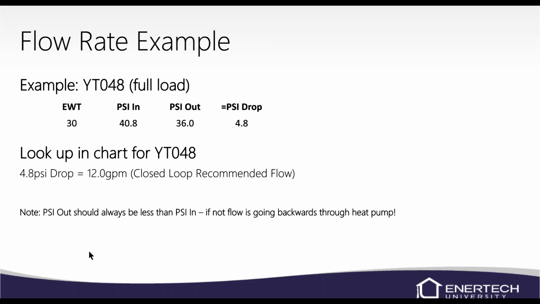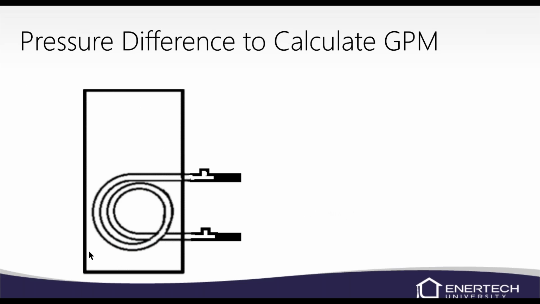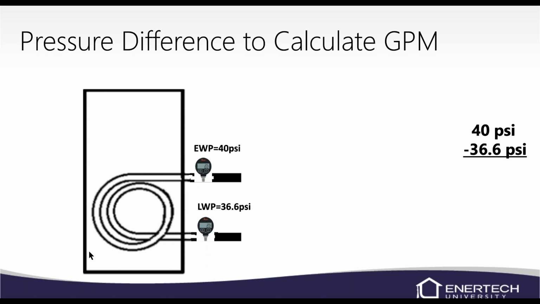So if you see that PSI in is less than out, then we know our flow is reversed, or your flow center is going the wrong way or something like that. So again, pressure difference is PSI in minus the PSI out. That's going to give you our pressure drop. Again, that's not GPM, that's just pressure drop.